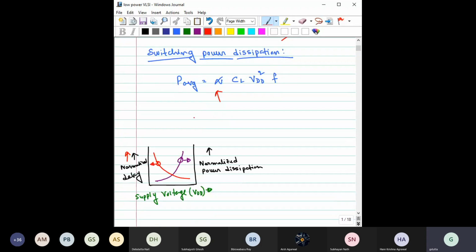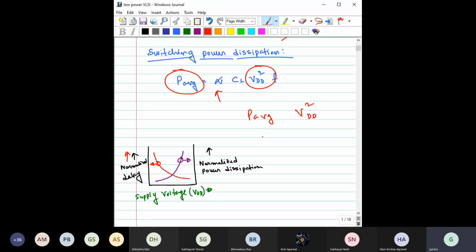This power is proportional to VDD square, so if you reduce VDD by half, the power dissipation would become 1/4. That was the goal.